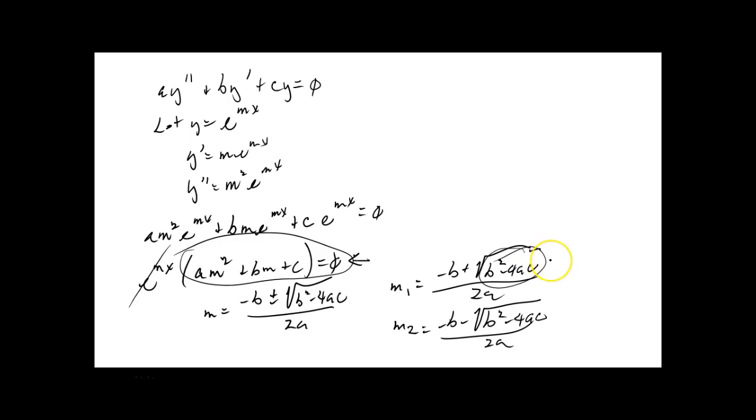If this thing is 0, you only get one, and then you have to come up with a different y2, because you only have a y1 there. But if the discriminant comes up negative, then you have a complex conjugate pair, and you have to deal with those. We'll show how to do that just momentarily, if we've got time.